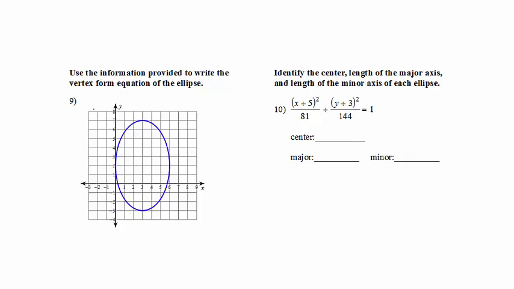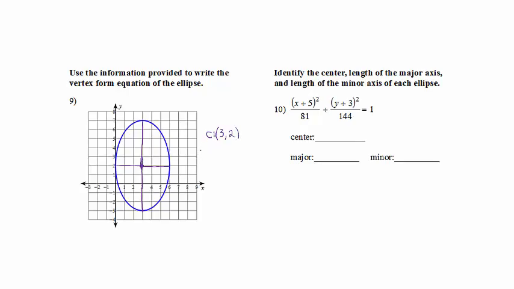It's actually standard form for an ellipse, where we can see what the center is and what the major and minor axes are. What we need is the center, and if it helps you to cut the ellipse in half both ways, that's a good idea. If I cut it in half each way, I should intersect in the middle of my ellipse. That center point is at 3, 2.